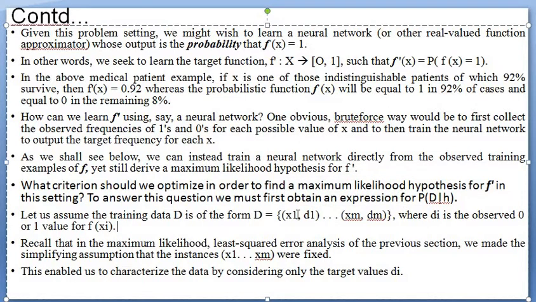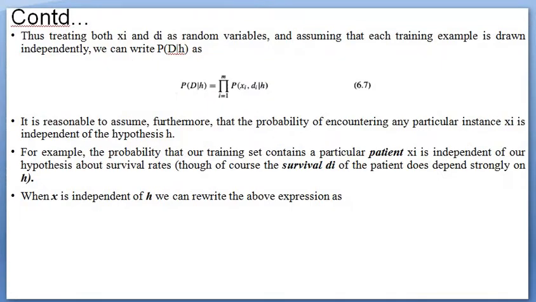Recall the maximum likelihood hypothesis for least square error analysis. In the previous section, if you go to my previous video, we simplified the equation: instead of taking e raised to something, we took the ln, and when we apply ln, the e raised to term gets cancelled.